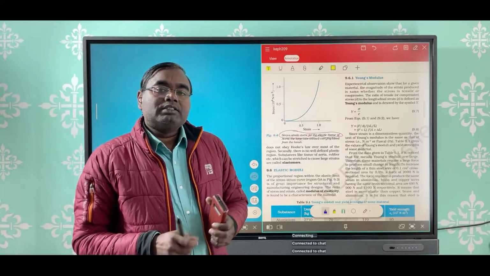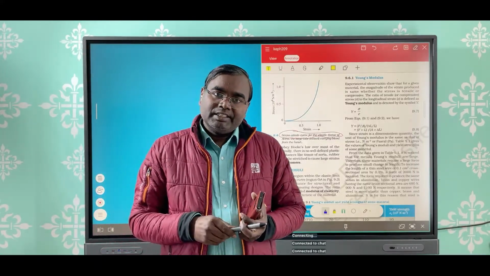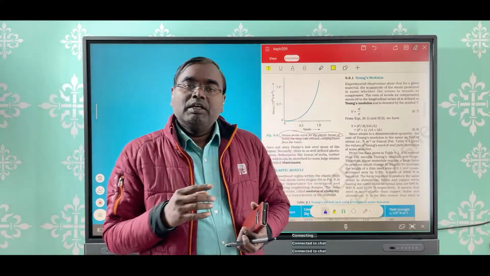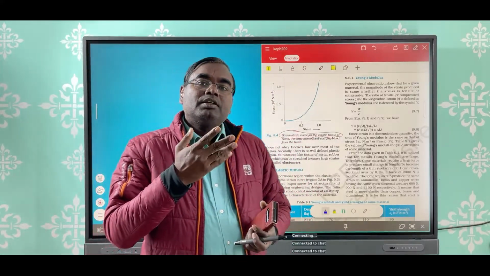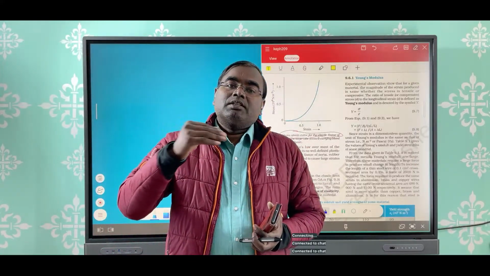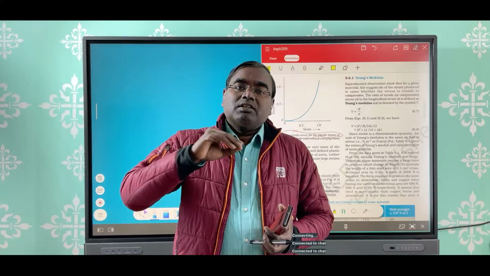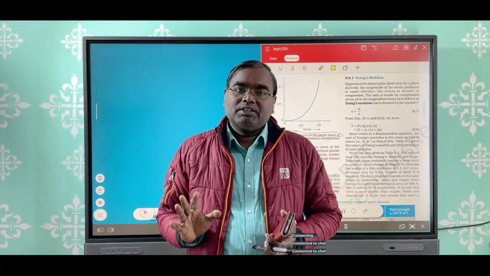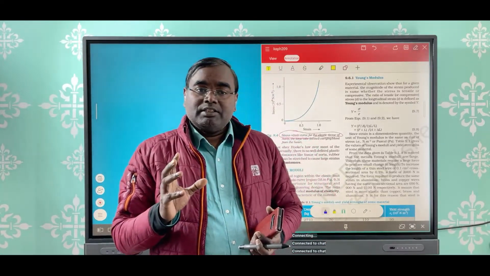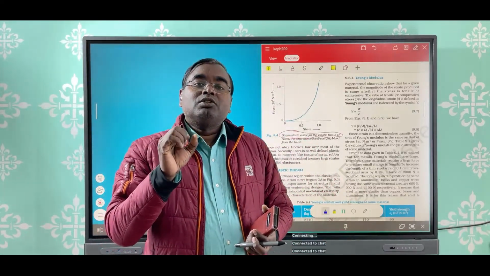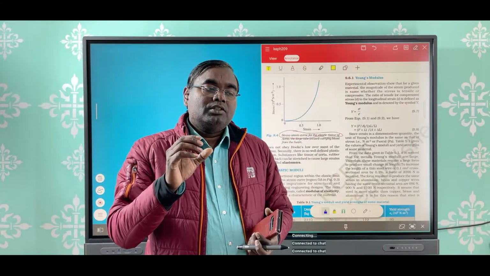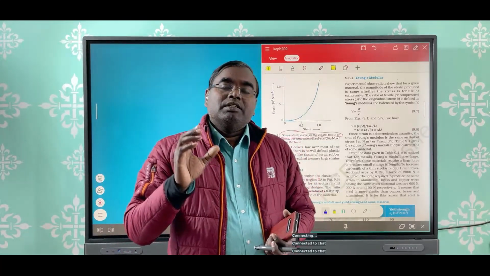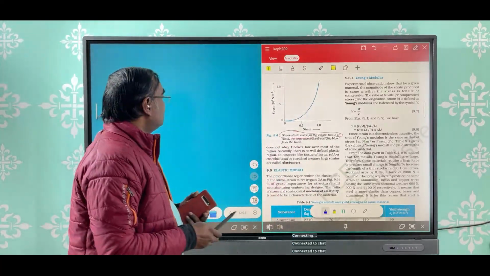Aorta is the artery in our heart system that takes the blood away from the heart to the other parts of the body, and it is a large artery. You can say it is the largest artery in thickness, in radius.